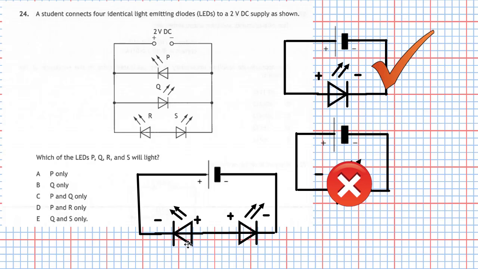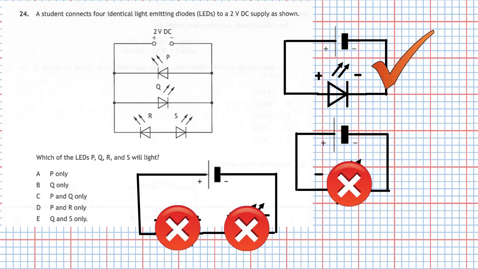It's this LED here which causes a problem because it is reverse biased, because the N-type, represented by the bar in the symbol, is connected to the plus, and the P-type of the semiconductor is connected to the negative supply. So that is reverse bias and it will not light. And because it is reverse bias, it blocks the rest of the current in the circuit and therefore none of the LEDs light up.